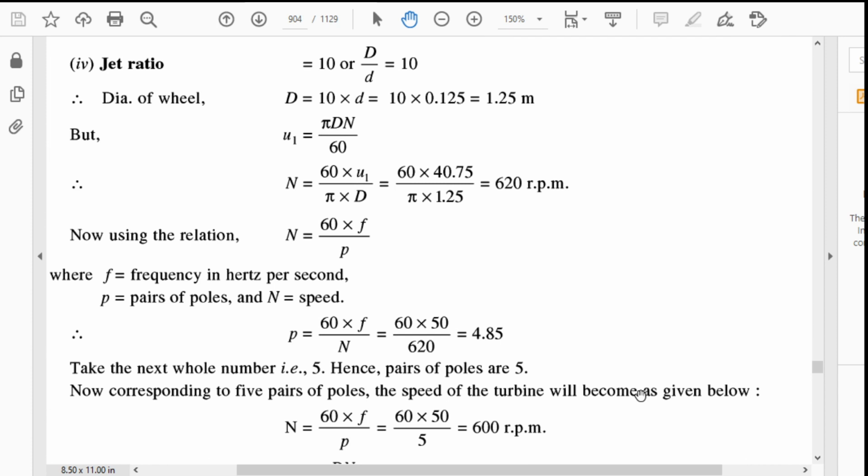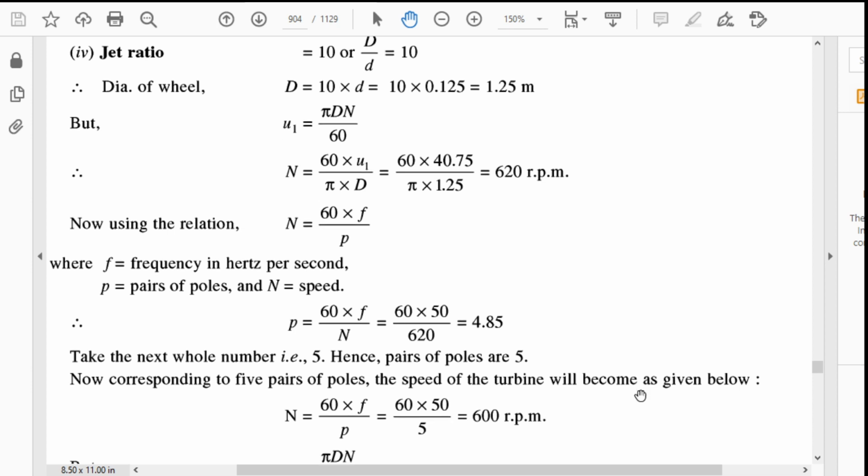Now for the second part, they have given that if the jet ratio is not to be less than 10, find the speed of wheel for a frequency of 50 hertz and the corresponding wheel diameter. That means the condition is that the jet ratio is not to be less than 10.